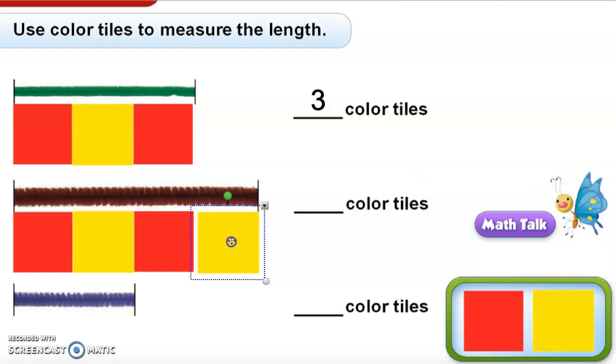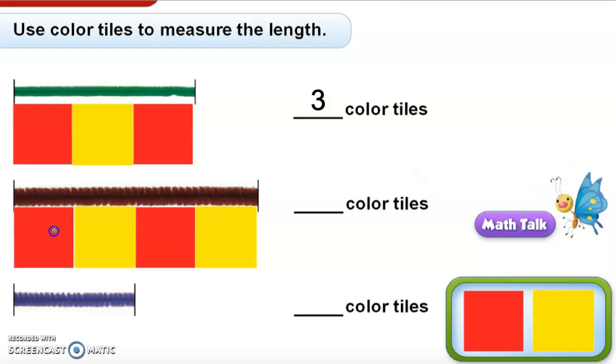I think we have to move them a little bit so that it's on the end of the pipe cleaner. There we go, that's a little bit better. Now we can see that this pipe cleaner is 1, 2, 3, 4 color tiles long.